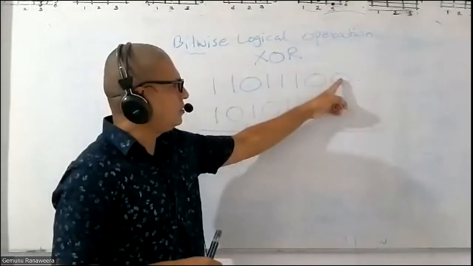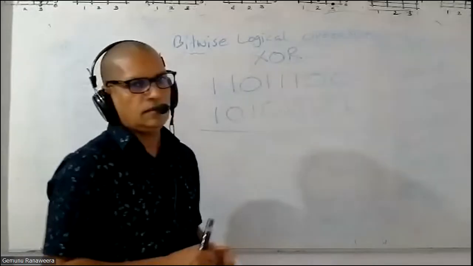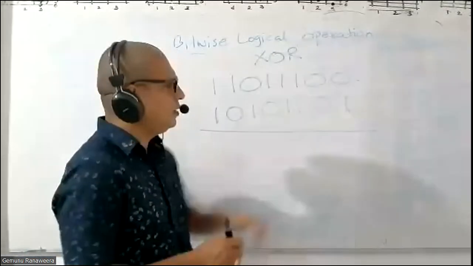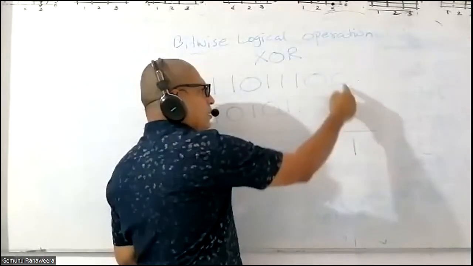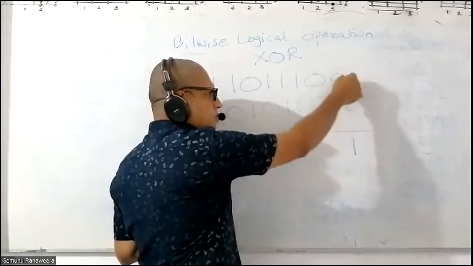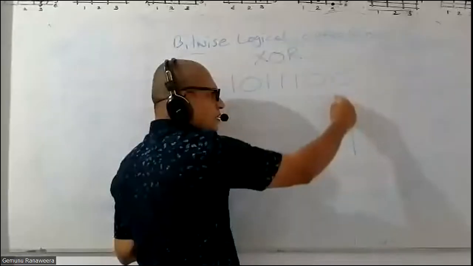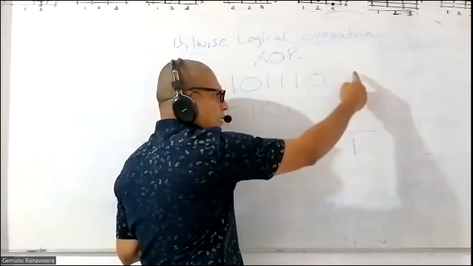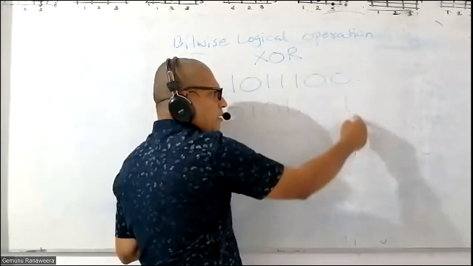So in this case, the first bits are not equal. Then the result will be 1, because they are not equal. So in other words, we say in these two bits, an odd number of ones are available. If an odd number of ones are available, the result will be 1. So in this case, there is only one.